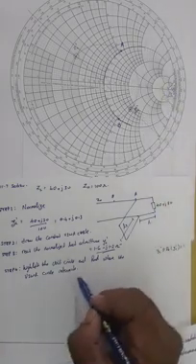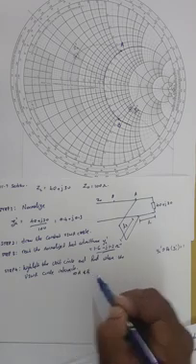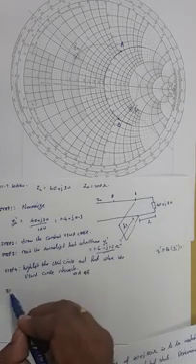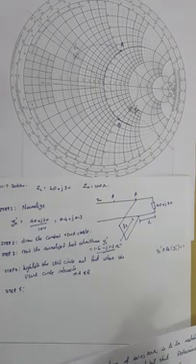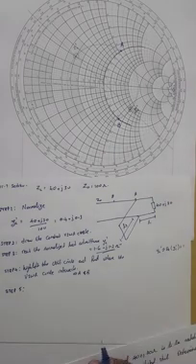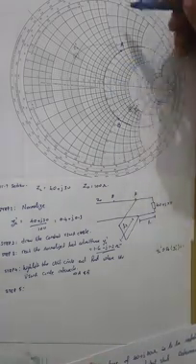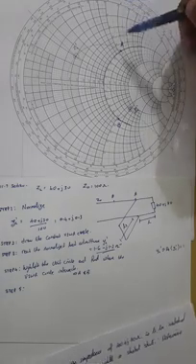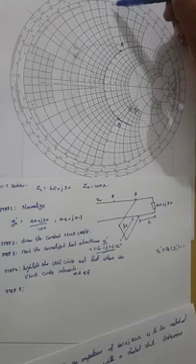So we compute that as points A and B. Let us read out points A and B from the Smith chart. So point A is obviously 1, and the imaginary part is going to be 1 is over here, 1.1 is over here.